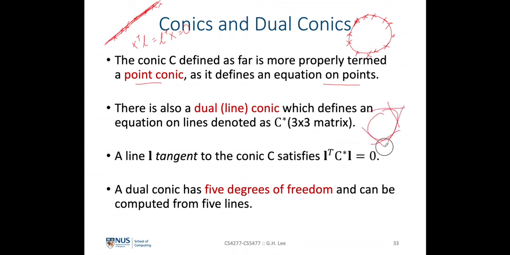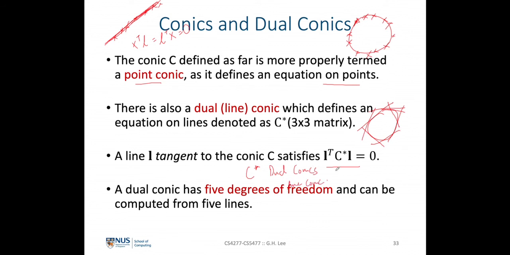So if I have many tangent lines to a conic, I can use them to uniquely define my conic. This relation is given by this equation here, l transpose C star l equals 0. We define C star to be the dual conic, which is defined by lines, or in other words, this is just the line conic.